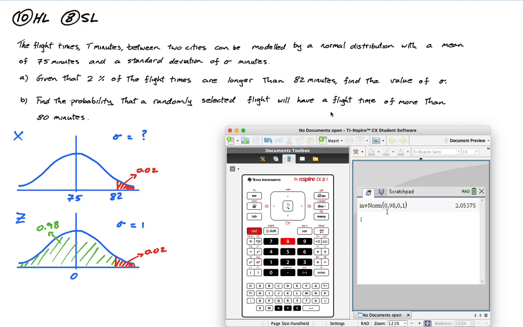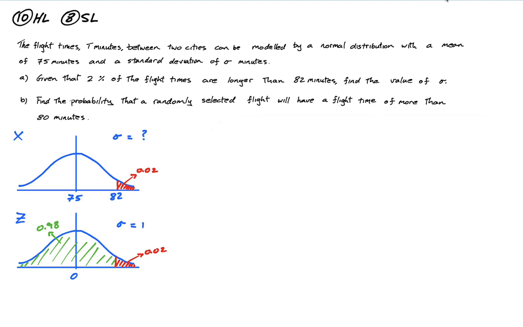Press enter, and I get 2.05375. So Z is equal to 2.05375. Now I can use the formula Z equals X minus mu over sigma.